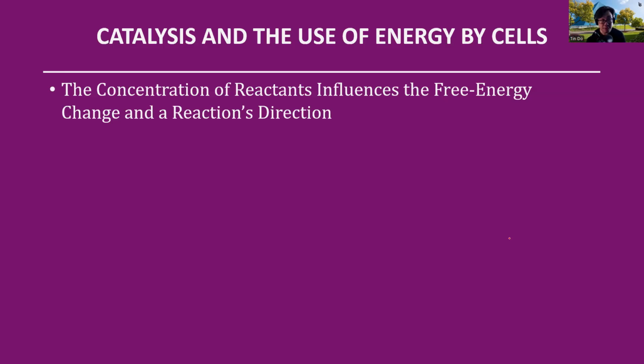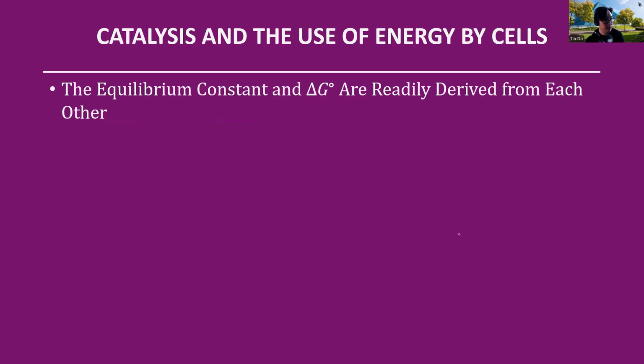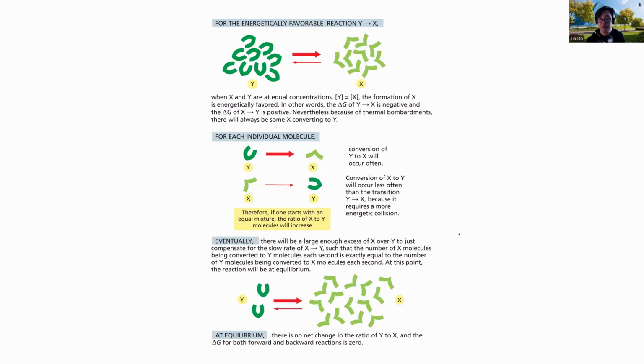Concentration of the reactants influences the free energy change. Yes, again, if you have more of the substrate, this is Le Chatelier's principle, if you have more reactants, it wants to get to equilibrium. It's going to push the reaction forward and change the energy requirement. Okay. Equilibrium constant and delta G are readily derived from each other. Again, it's an equation.